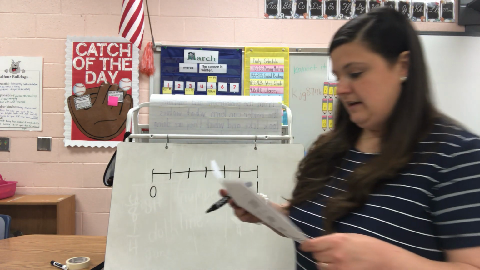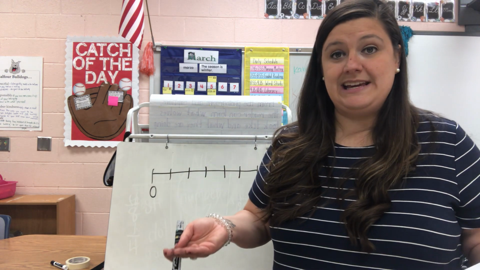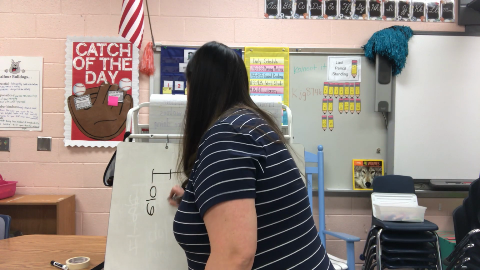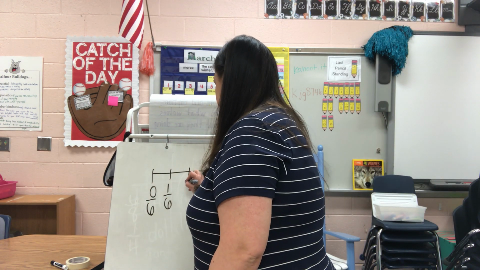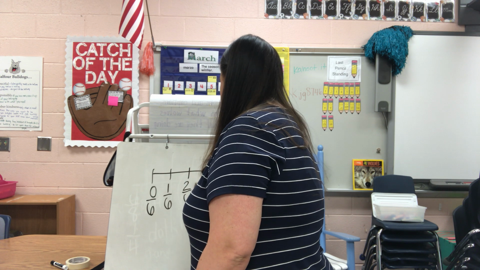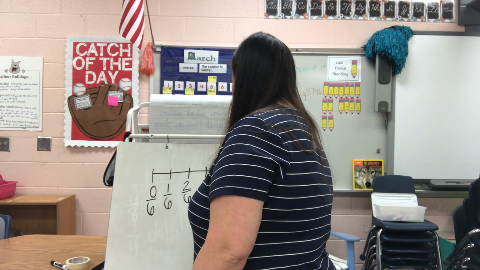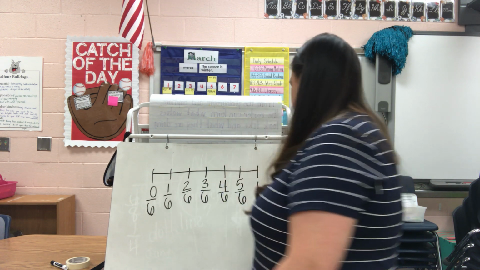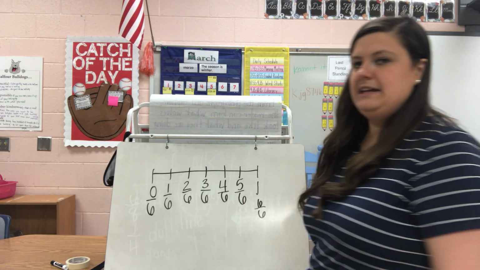There we go. So if there's 6 equal parts, our unit is sixths. So let's label our number line. 0/6, 1/6, 2/6, 3/6, 4/6, 5/6, and then 1 would be equal to 6/6.